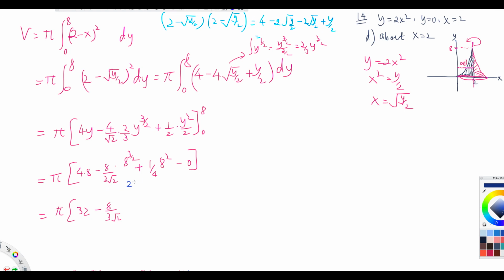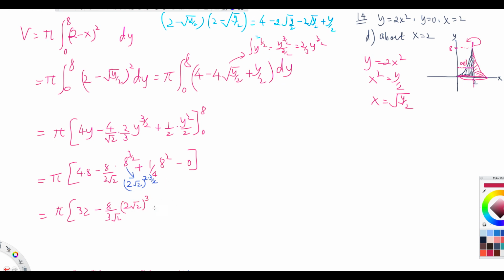So you write 2 root 2 squared times 3/2. 2 root 2 squared is 4 times 2, that is 8, right? Then you cancel that and that. What you get is 2 root 2 to the third. You see that?